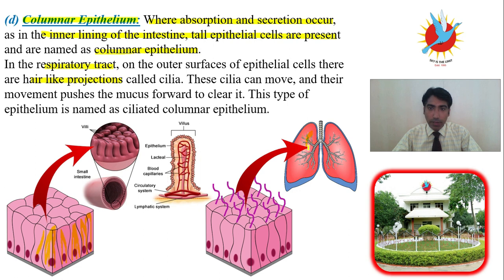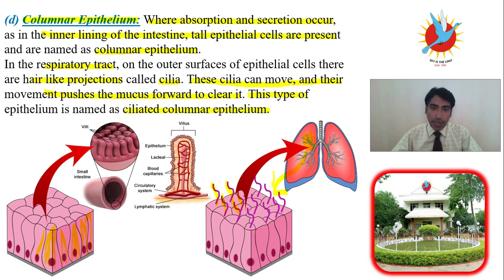Here in this diagram, the special type of columnar epithelium is present, which has thread-like, cilia-like structures on the outer surface of it. So that is why these hair-like structures are called cilia. These cilia can move, and their movement pushes the mucus forward to clear it. This type of epithelium is known as ciliated columnar epithelium.